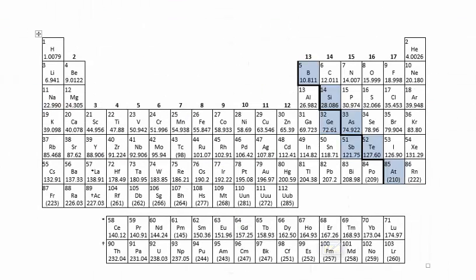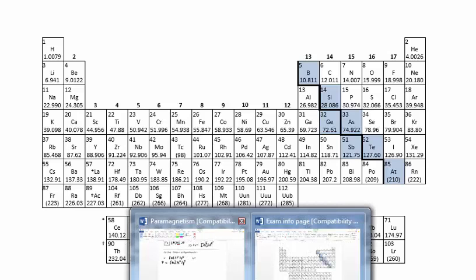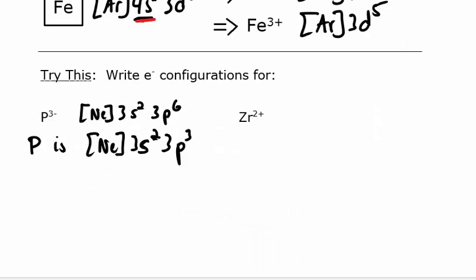Alright, how about zirconium 2+? Let's look where zirconium is on the periodic table. It's element 40, so it's going to be a krypton core and 5s2 and 4d2. So zirconium is krypton core 5s2 4d2.